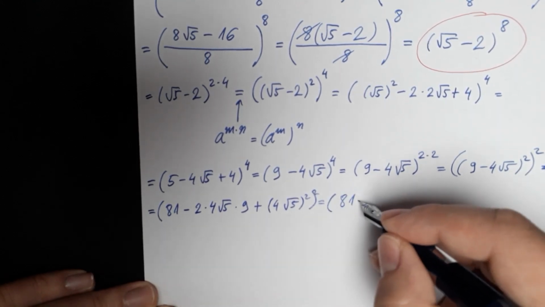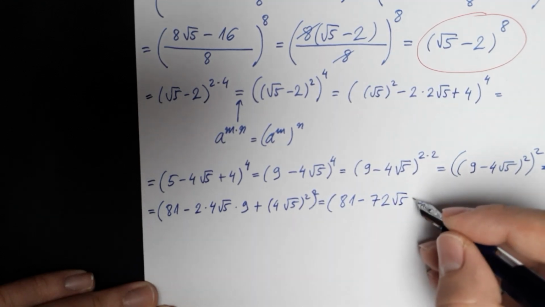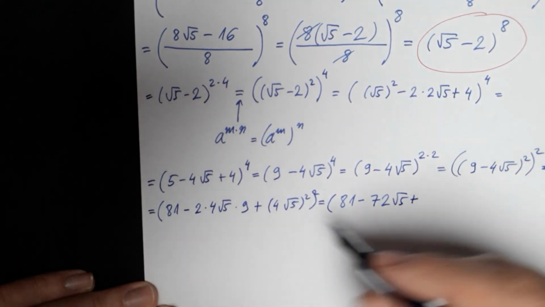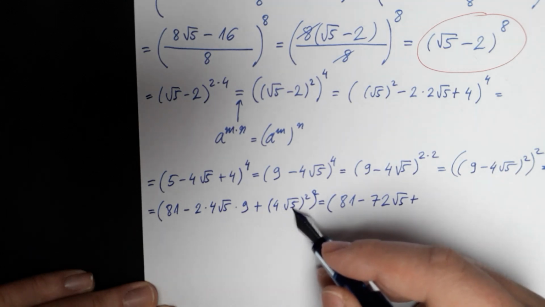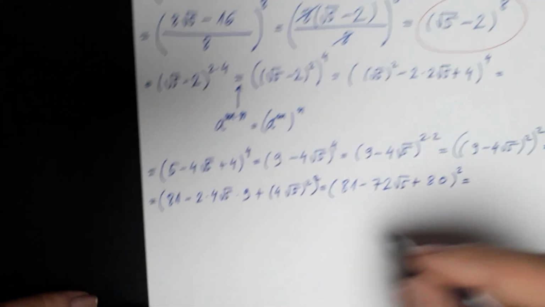So I have 81 minus 72 square roots of 5 and plus 16 multiplied by 5, which is going to be 80, and that is squared.